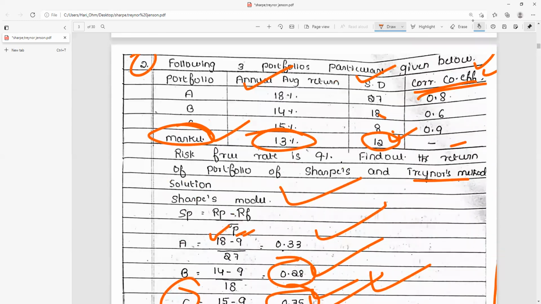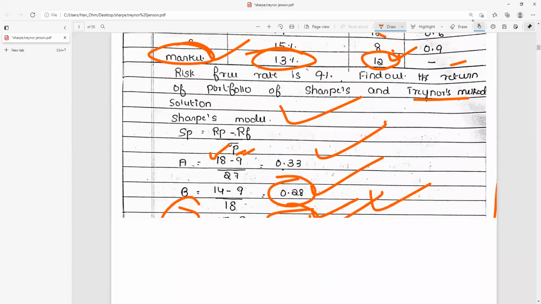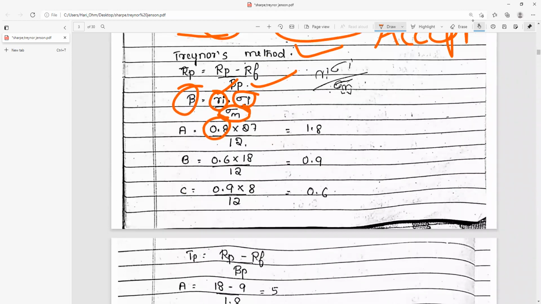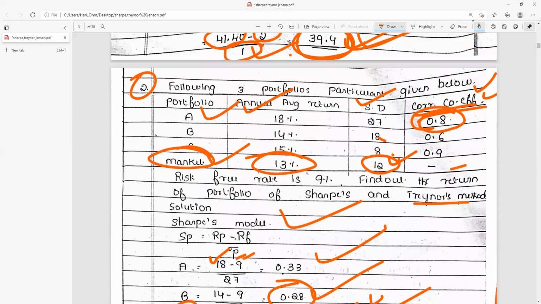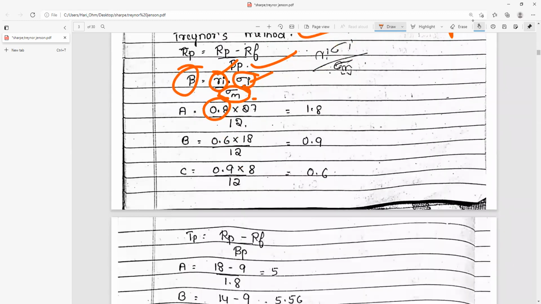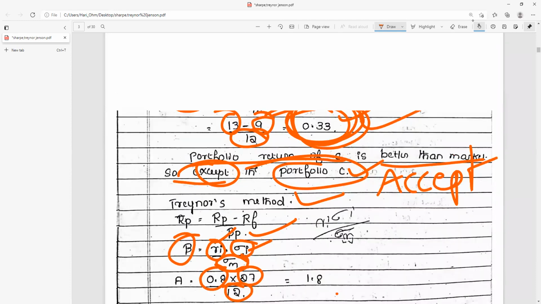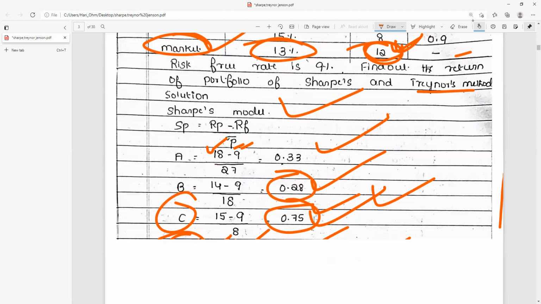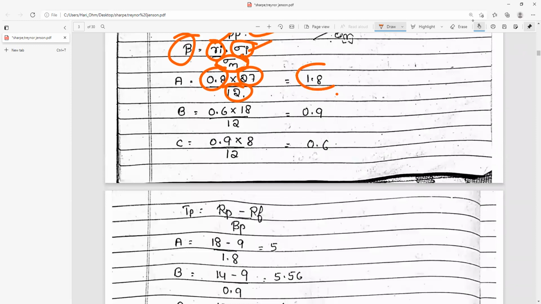For the first portfolio, A, the correlation coefficient is 0.8, into standard deviation I, which is 27, all divided by 12, the market standard deviation. The answer is 1.8.